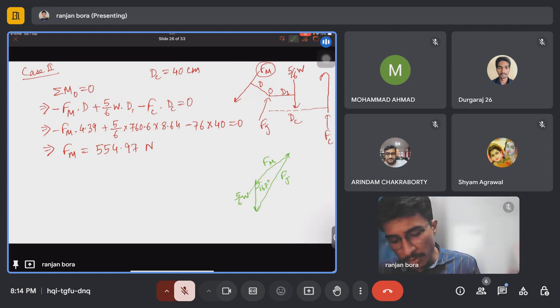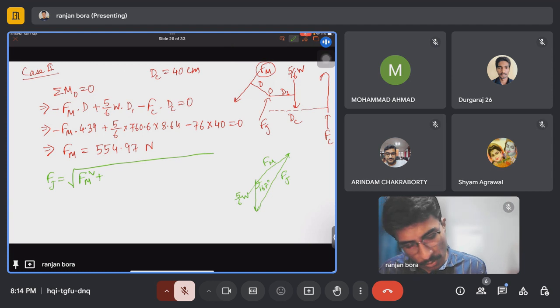So using the same formula, FJ equal to square root of FM square minus 2 cos 167.